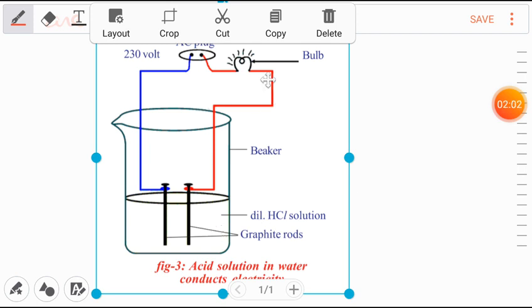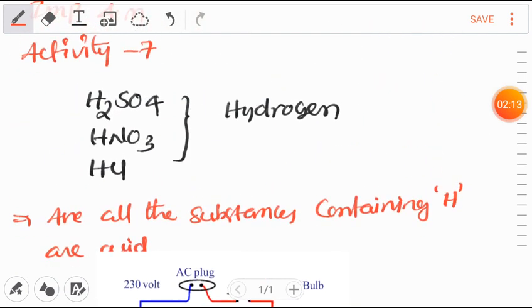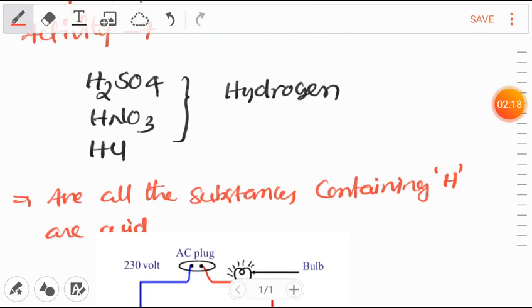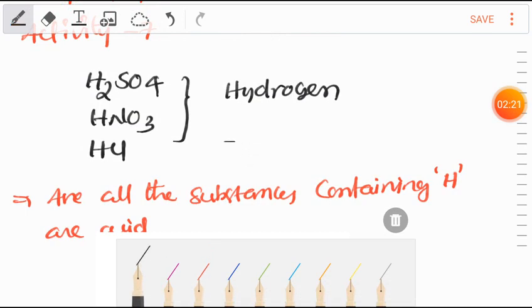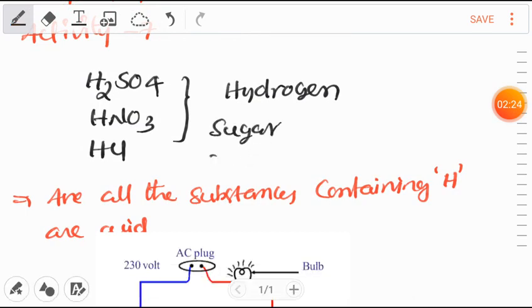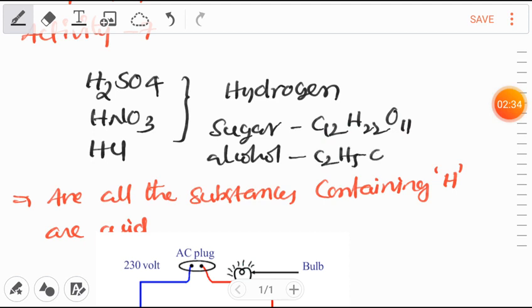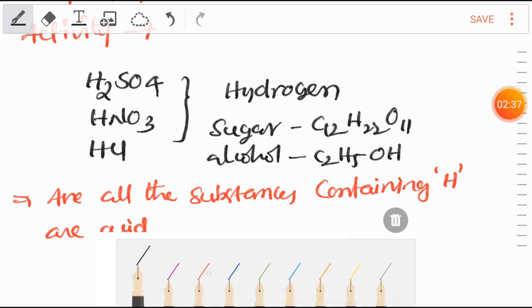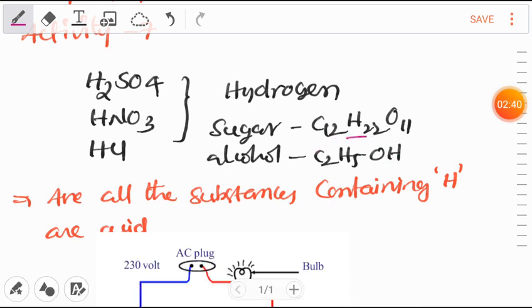Acids glow the bulb, and the remaining, alcohol, sugar and glucose, don't glow the bulb. Acids contain hydrogens, but sugar, C12H22O11, and alcohol, C2H5OH, also contain hydrogens.